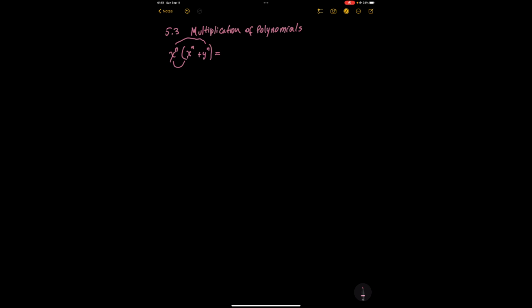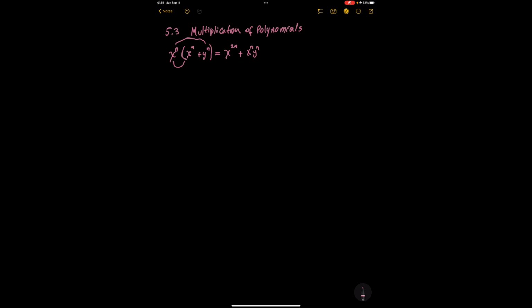So remember, when we have the same base, all you do is you add the exponents. So here we have x^n times x^n, that will be x, and we're going to add n plus n, which is equal to 2n. And x^n times y^n, because they don't have the same base, it's just going to be x^n y^n. And that's it.